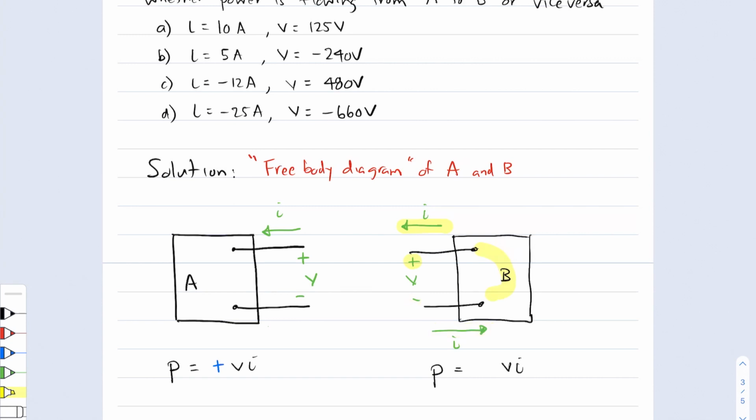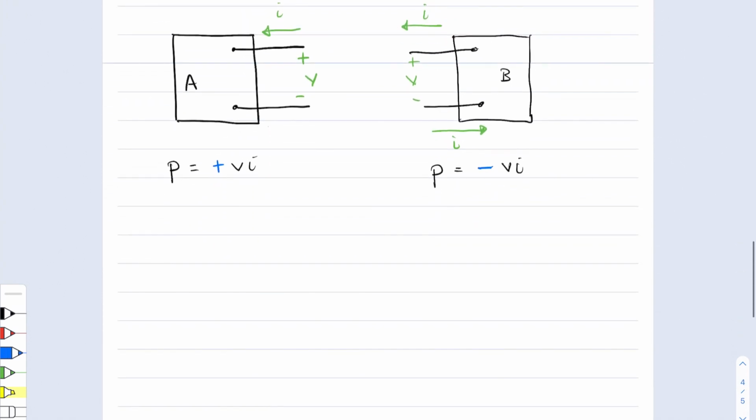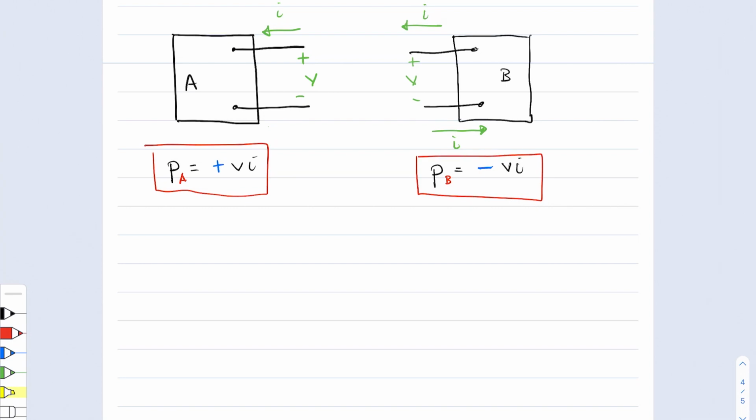This one is actually going through a voltage rise. That means that in this relationship, you must add in that minus sign by hand. Right? So each one of these separately are the equations that we're going to use to calculate the power associated with element A and the power associated with element B. So just to denote that there's two separate equations that we're using. This is the equation for element A, this is the equation for element B, and I'll box these. For the first one, you never put in a minus sign by hand. For the second one, you have to always put in a minus sign by hand.